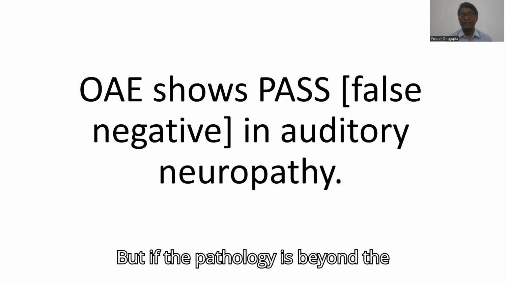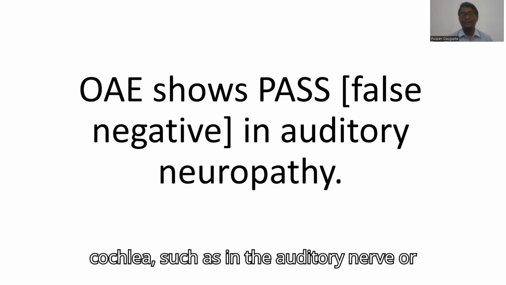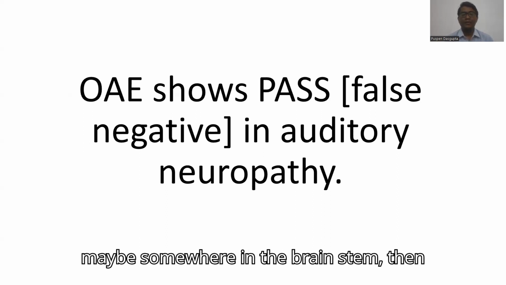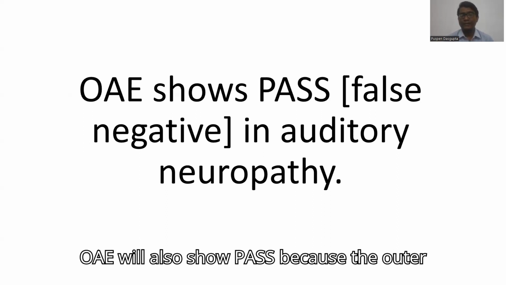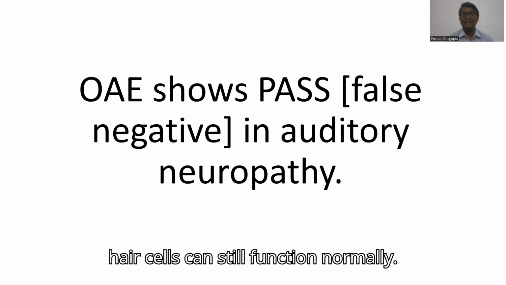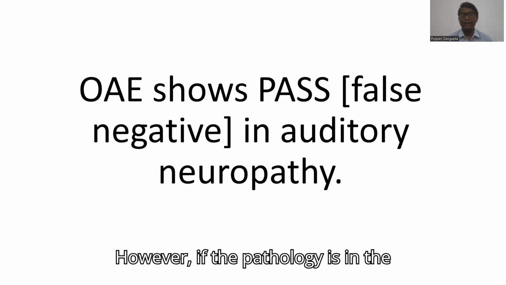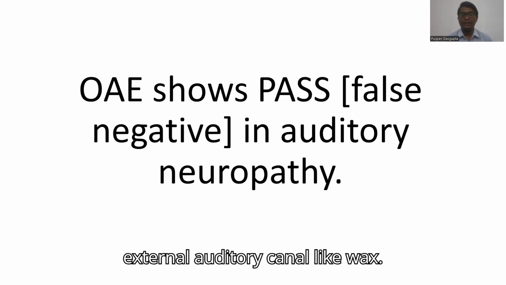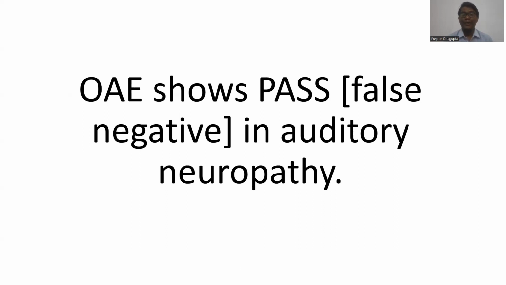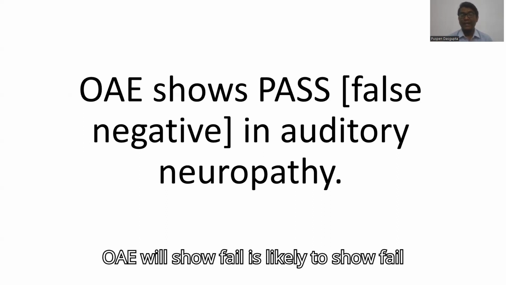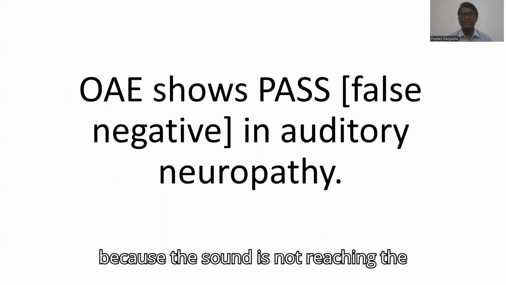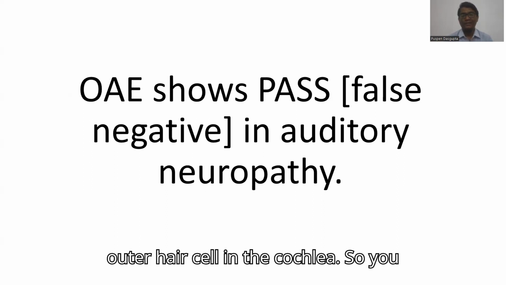But if the pathology is beyond the cochlea, such as in the auditory nerve or somewhere in the brainstem, then OAE will also show pass because the outer hair cells can still function normally. However, if the pathology is in the external auditory canal, like wax, OAE is likely to show fail because the sound is not reaching the outer hair cells in the cochlea.